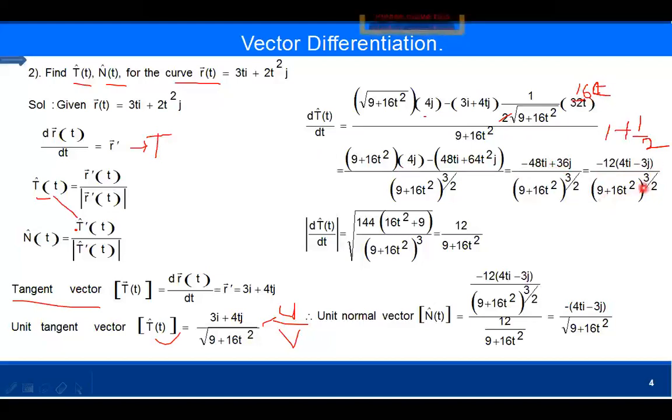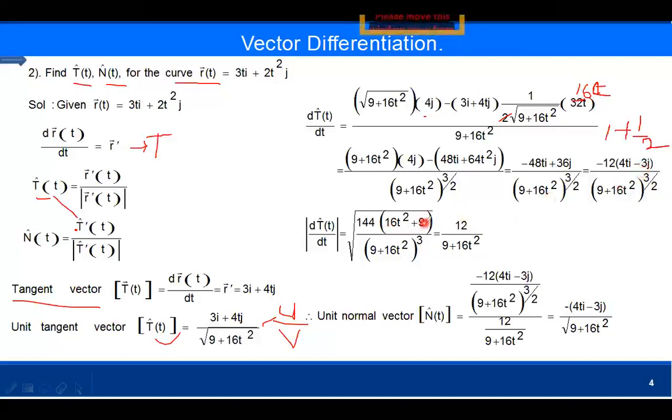Now find the magnitude of this vector. That is root of a1 square plus a2 square plus a3 square. So that is minus 12 whole square, that is 144, and find the square of the other part; the 2 and the square root get cancelled. So 9 plus 16t square raised to 3, that is 9 plus 16t square whole cube, and in this, 4t whole square is 16t square plus minus 3 whole square, that is 9.